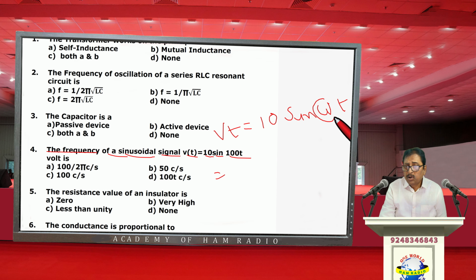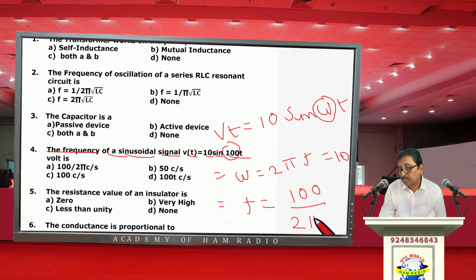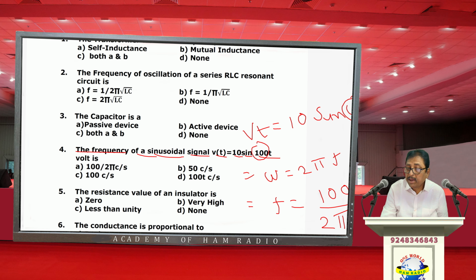Omega is equal to 100. Omega is actually equal to 2 pi f, which is equal to 100. So f is equal to 100 by 2 pi. So the answer is 100 by 2 pi cycles per second. The frequency f is equal to that.